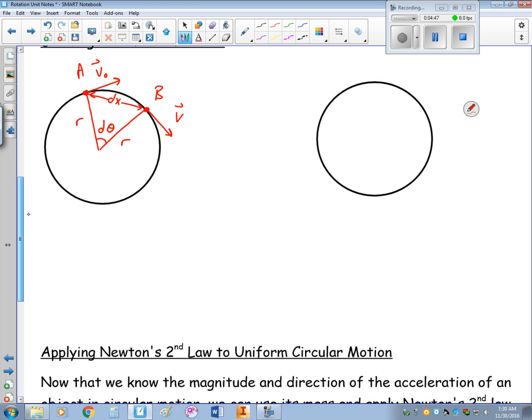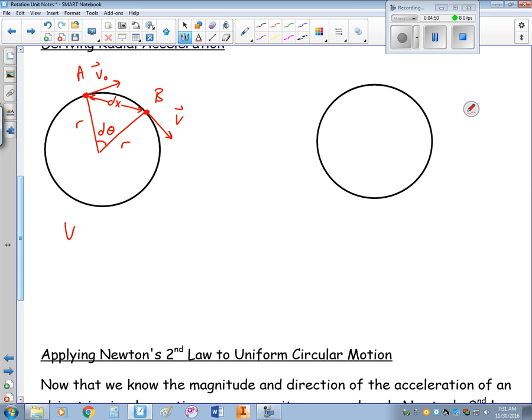All right, so let's go ahead and get some math down here. Velocity equals delta x over delta t. So I can rewrite this and say that delta x equals velocity times delta t. The next thing I can do is take advantage of the fact that arc length equals radius times theta. Remember, theta is arc length divided by radius.